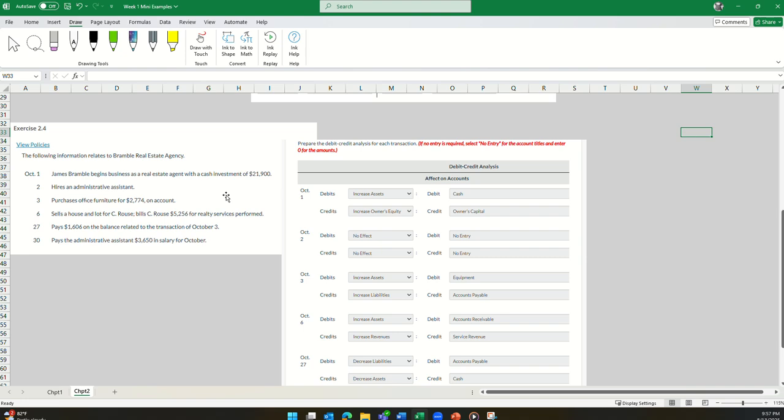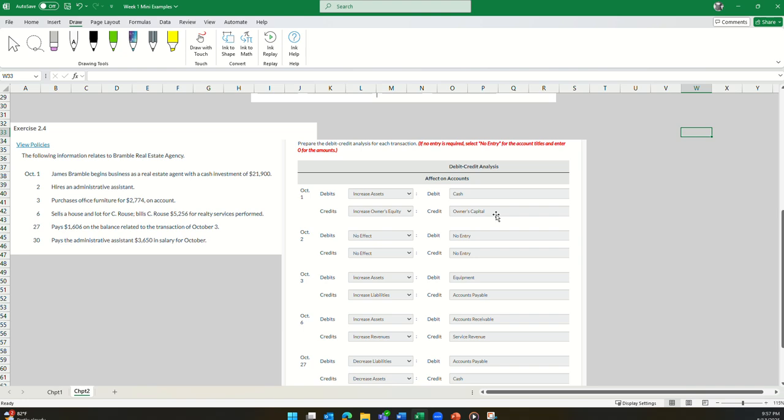He has cash, so he's going to debit cash because the business has a cash bank balance now, 21,900, and he's going to credit owner's capital.